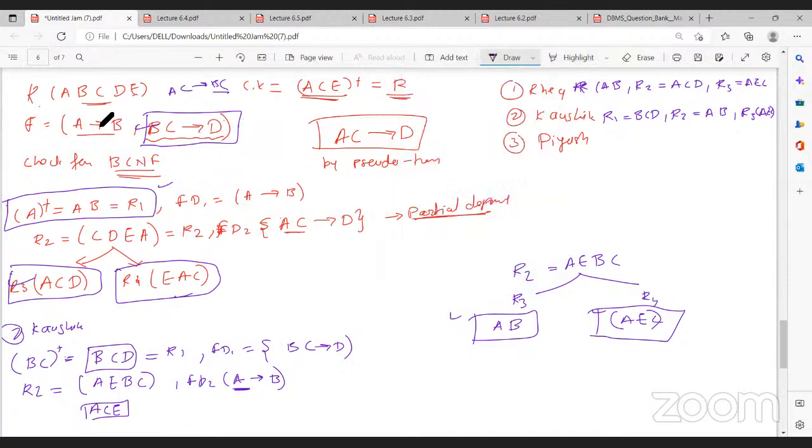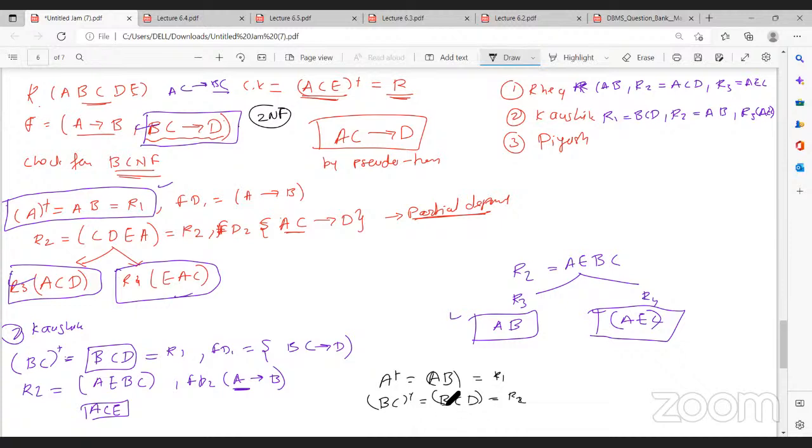Piyush says these two functional dependencies are violating my 2NF condition. So I will take the closure of both functional dependencies. A closure, I will make it AB. BC closure, I will make it BCD, right? But if you observe, this decomposition is lossy. If I take the intersection of R1 and R2, I will not get the original relation R, because B is common here.